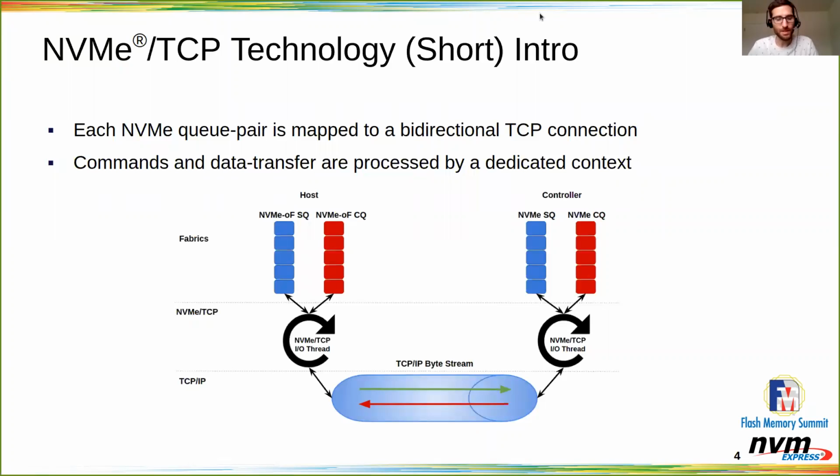All the submissions and completions are handled in what we call an NVMe TCP IO thread or some IO context that is either triggered from the host submitting IO or from the network, usually completing IO or receiving data. The same picture happens on the right-hand side with the controller. And basically, these are the contexts in charge of transferring data between the host and the controller.